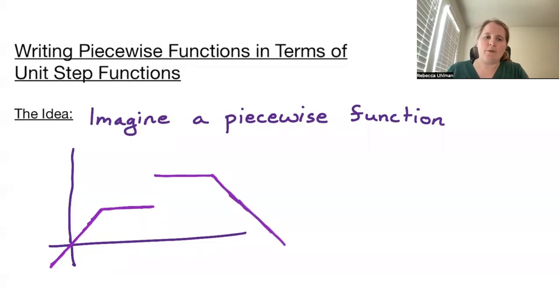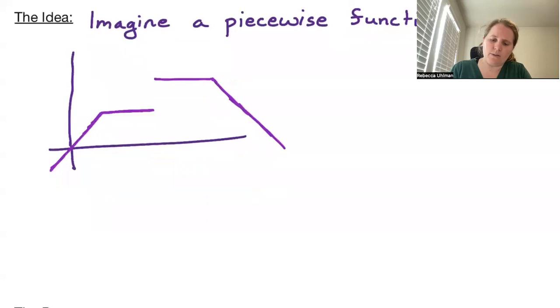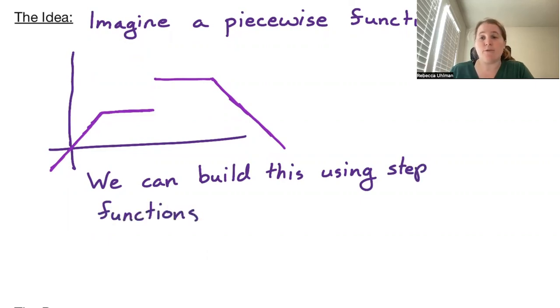So now what we're going to do is try to build this using unit step functions. So we can build this using step functions, essentially by subtracting off the part we don't want and adding on what we do.